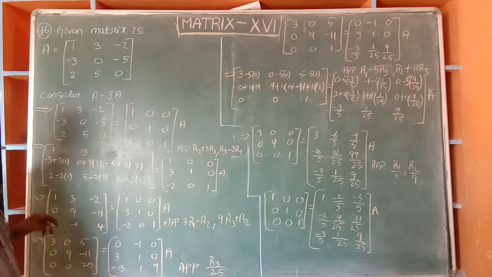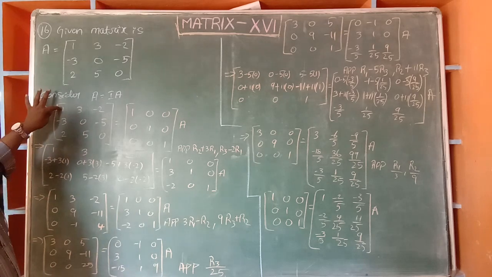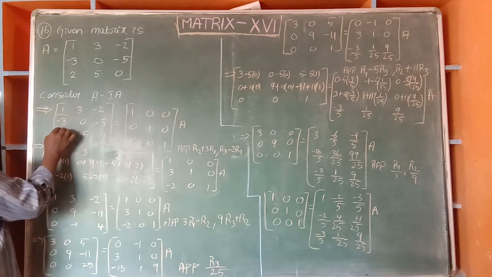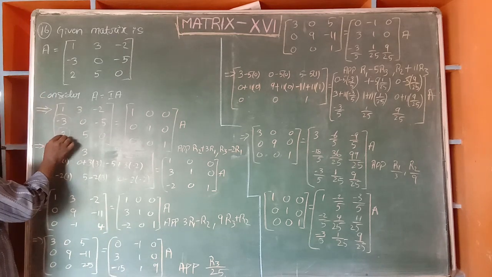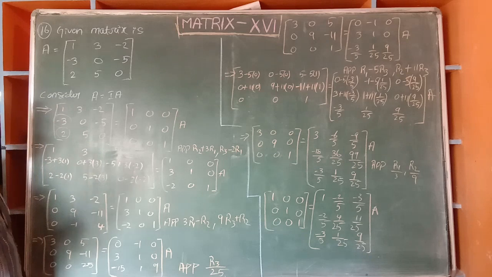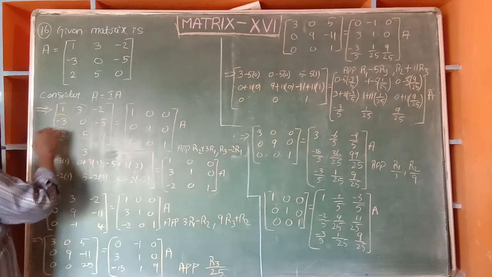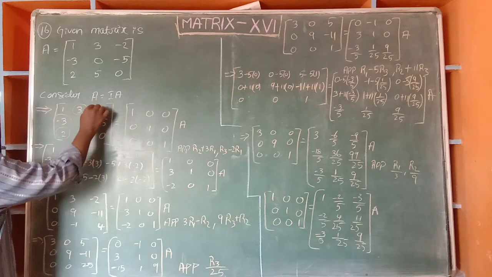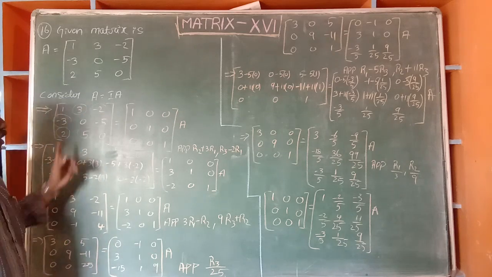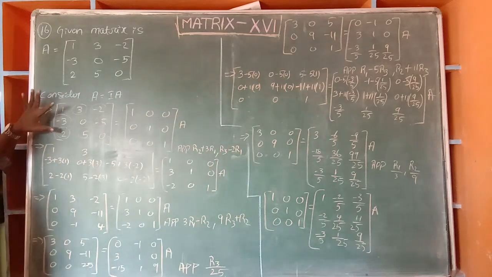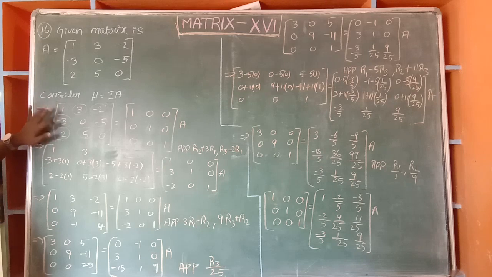Now here 1 is there, but our idea is to change these two elements to 0, and then these two zeros and the last is a 0. Like this, by using this one we get it. First, how can you change these two to zeros?